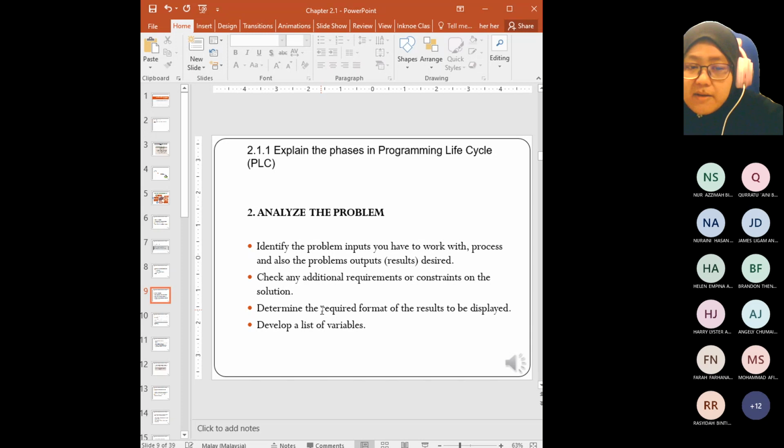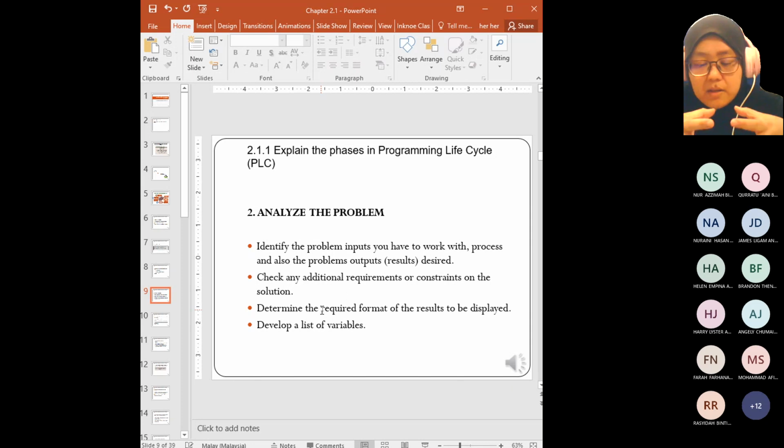You want to clarify everything, you need to identify everything. So ada 3 benda yang penting: the input, process and output. Ada 3 benda penting. I, P, O. Input, process, output.